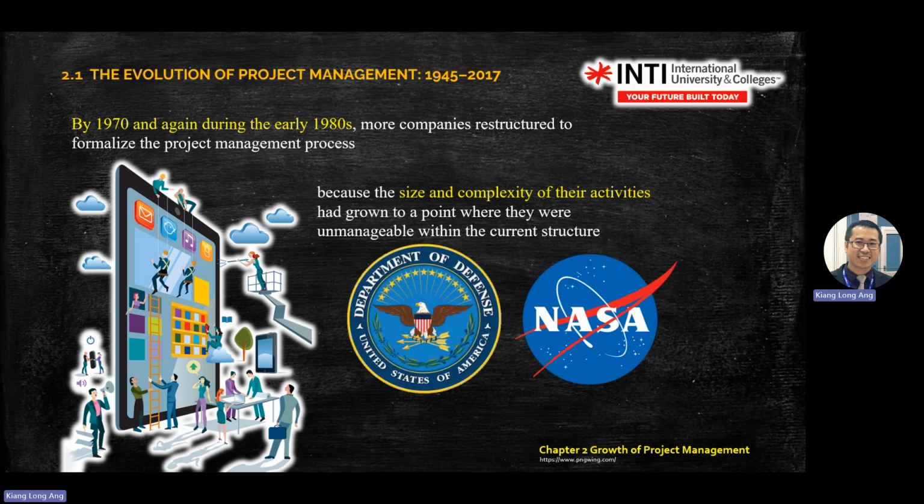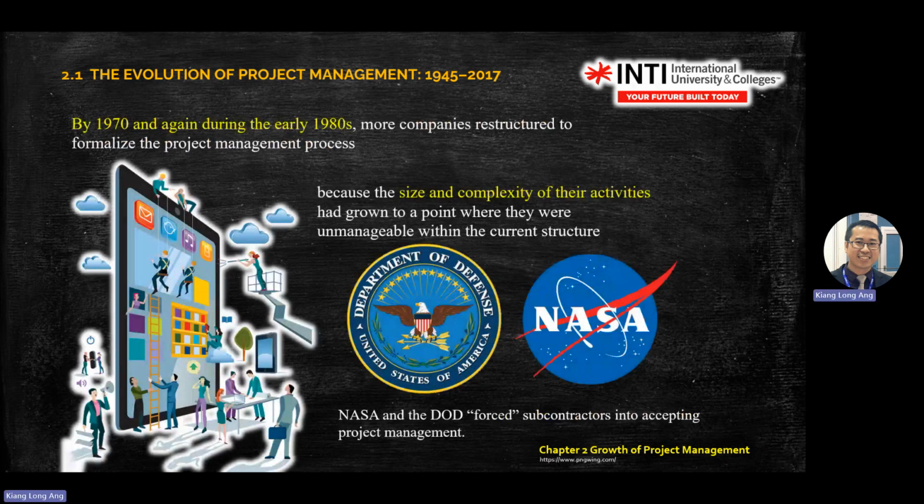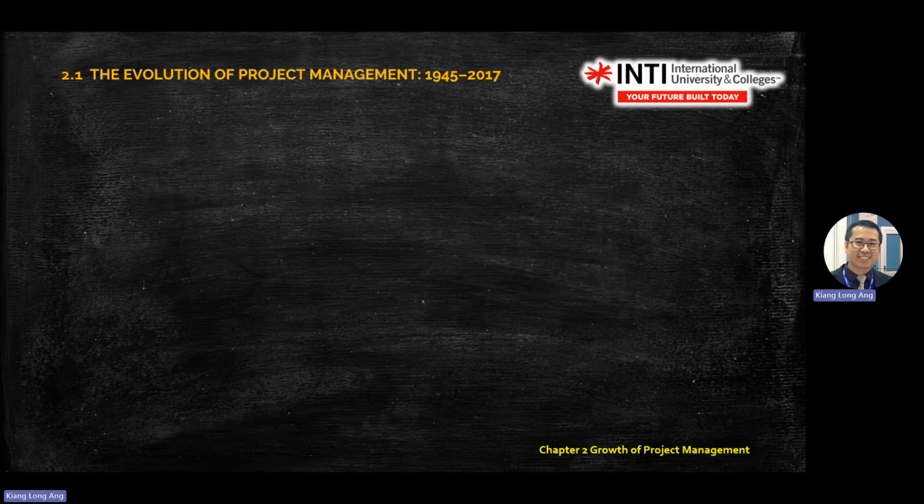For example, NASA and the Department of Defense strongly recommended a proper project management. So at that time, in the 70s to 80s, these two agencies forced subcontractors to use project management models in their projects. It means more documentation, more monitoring.